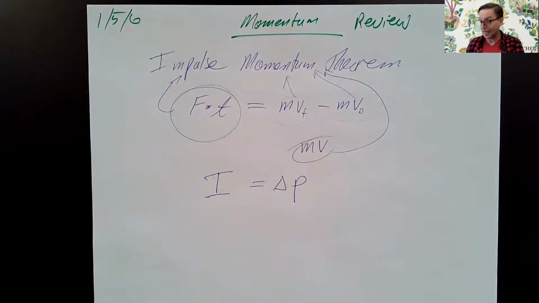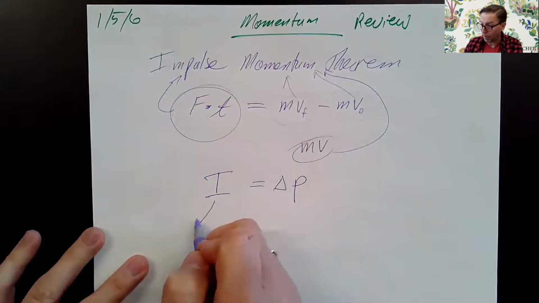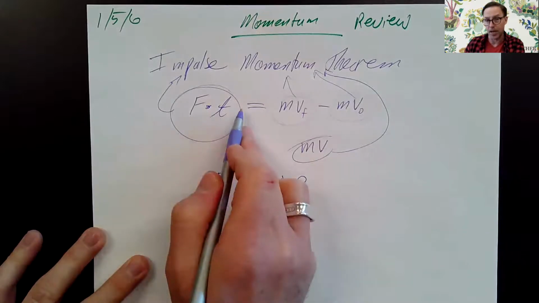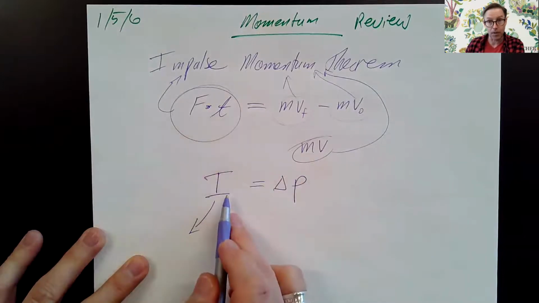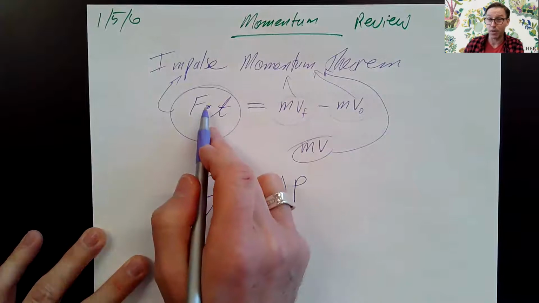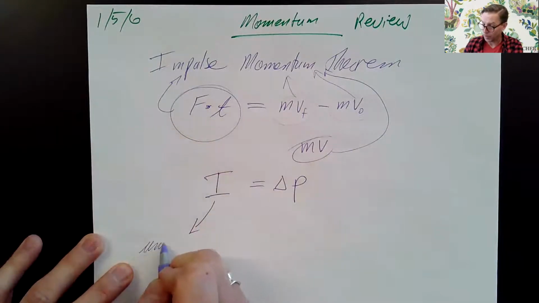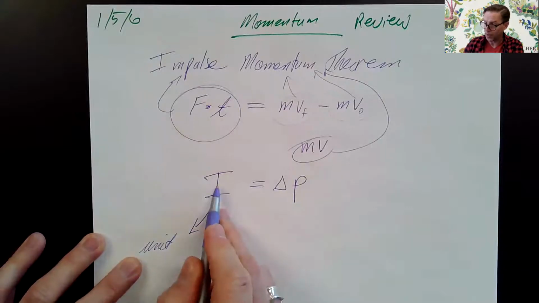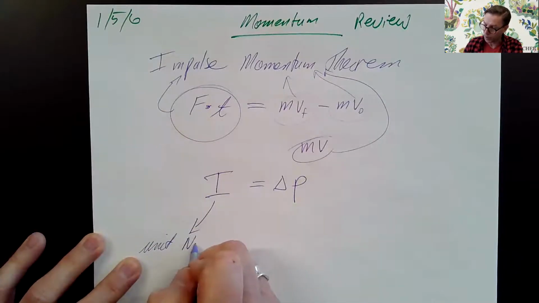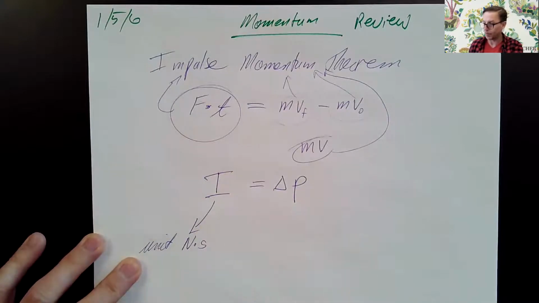Let's be really clear about the units. Since impulse is force times time, the unit for impulse is the unit for force times the unit for time, newtons times seconds.